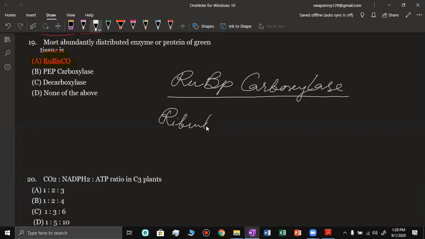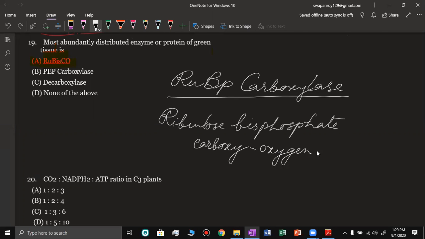ribulose bisphosphate carboxylase oxygenase.